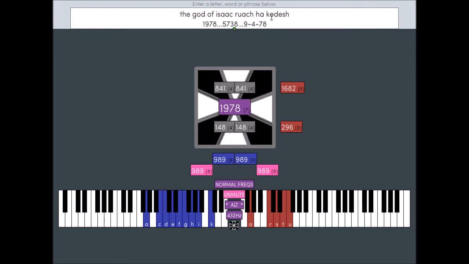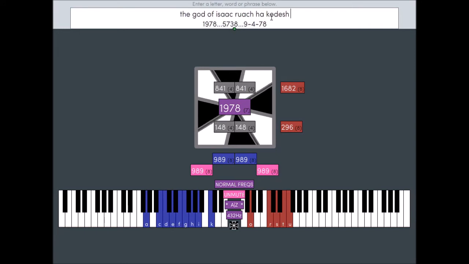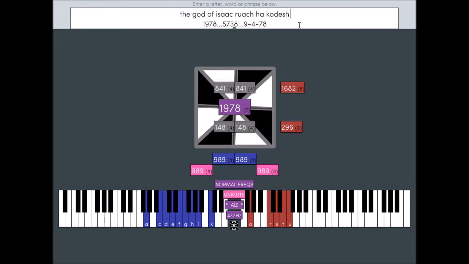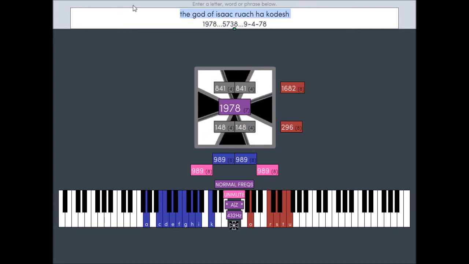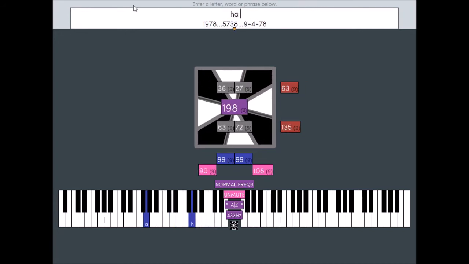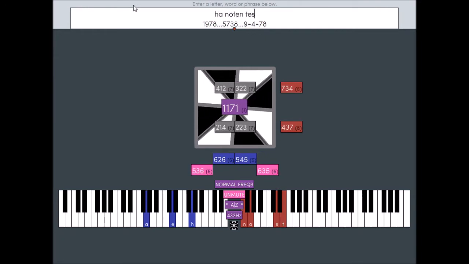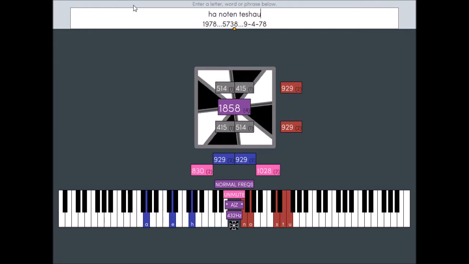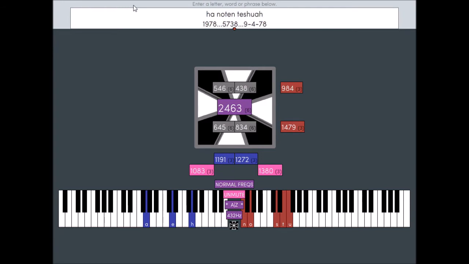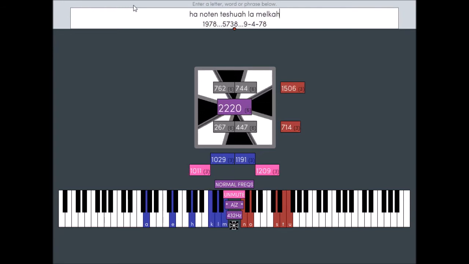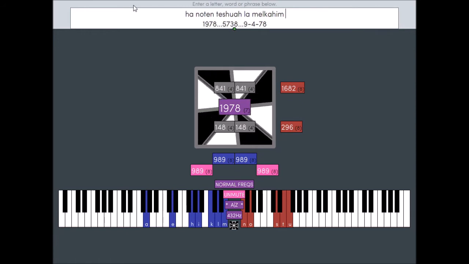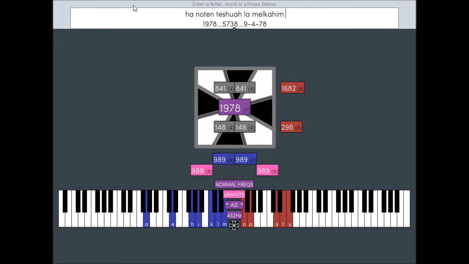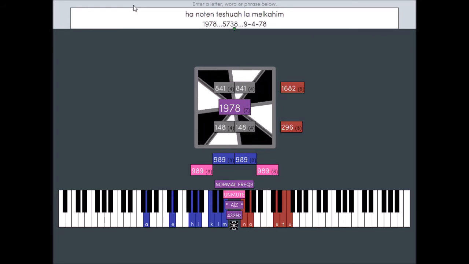The two mirrors of 1979 together is 1978. Yeah, and I had done all this other work before. Noting Hanoten Teshua Lamelikin, the dominion to grant power to kings, the power to grant dominion to kings.